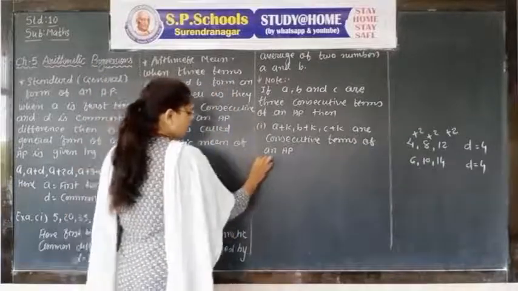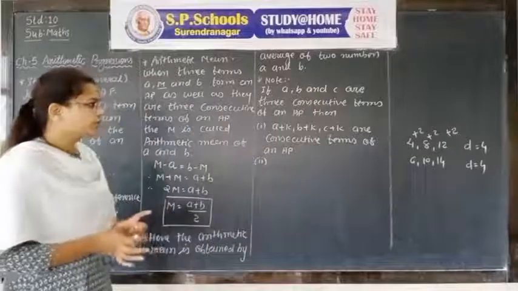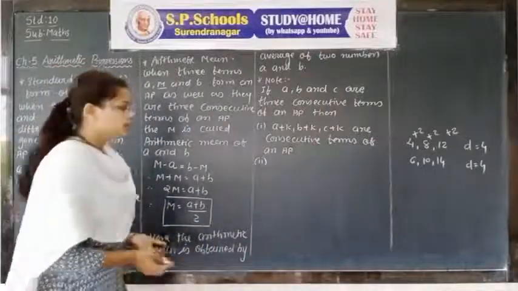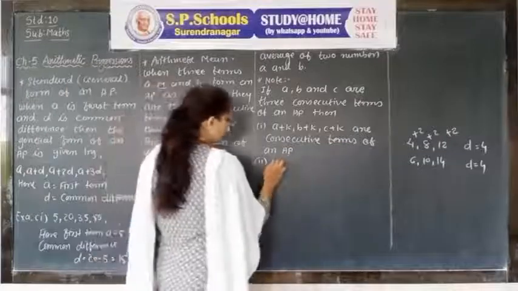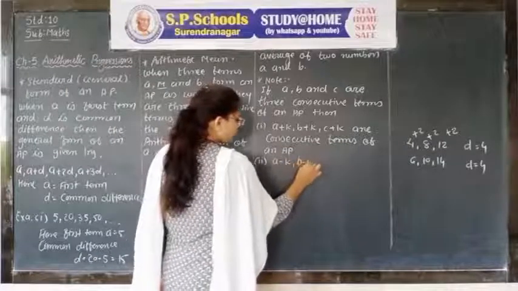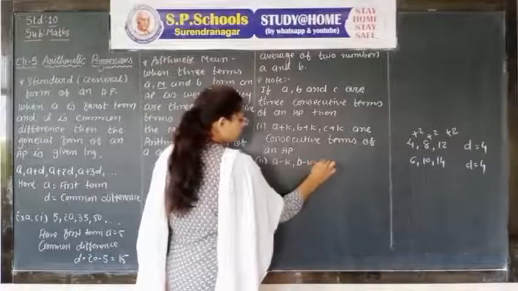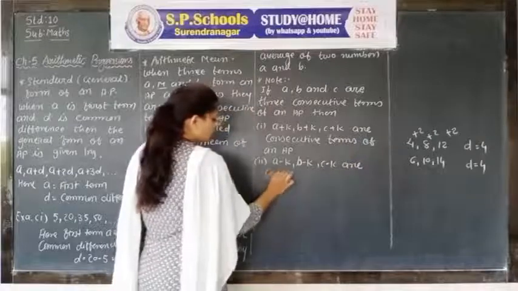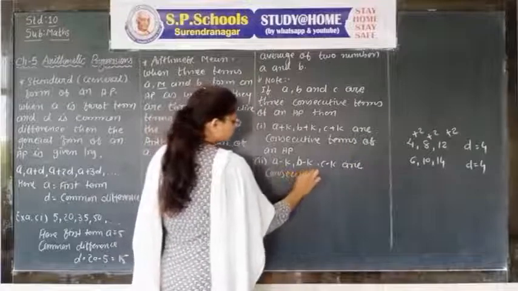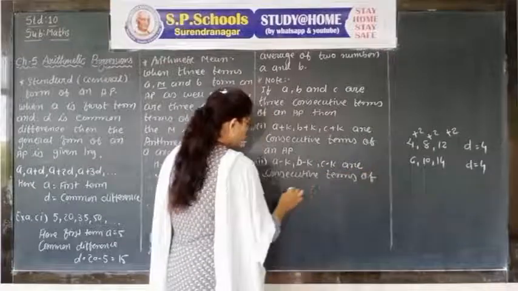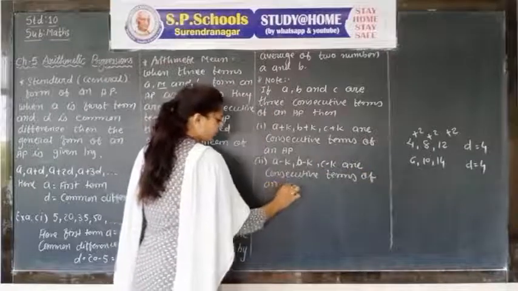Second, whenever we subtract one number from the 3 consecutive numbers, the new numbers are always consecutive terms of an AP. Like this, A minus K, B minus K, C minus K are consecutive terms of an AP.